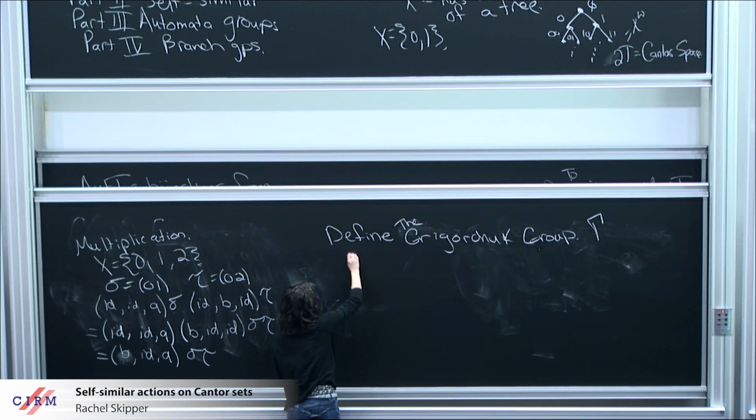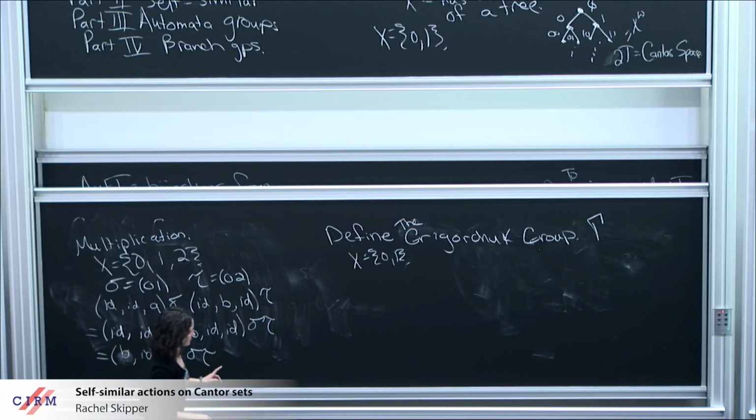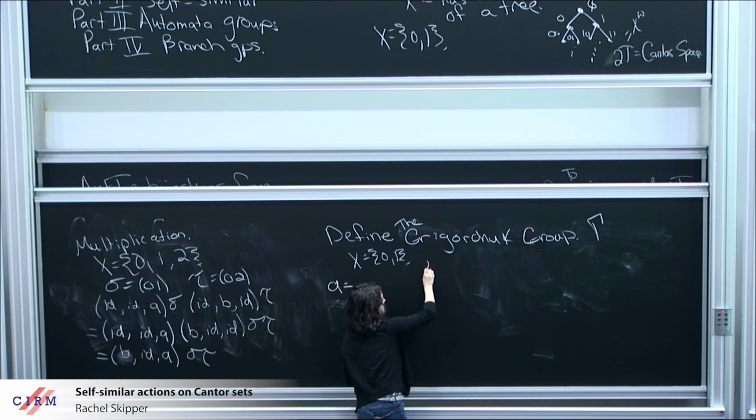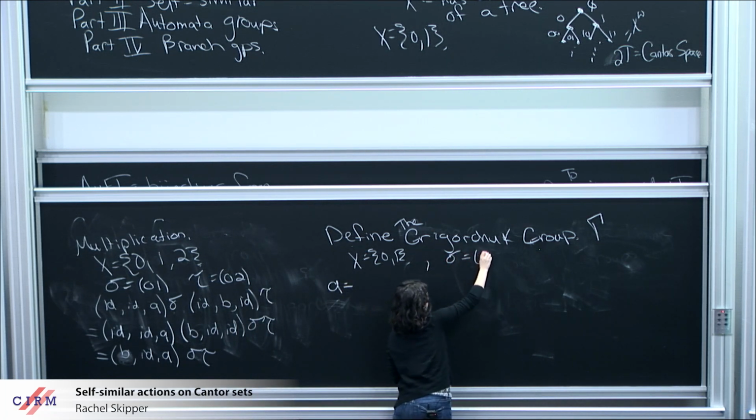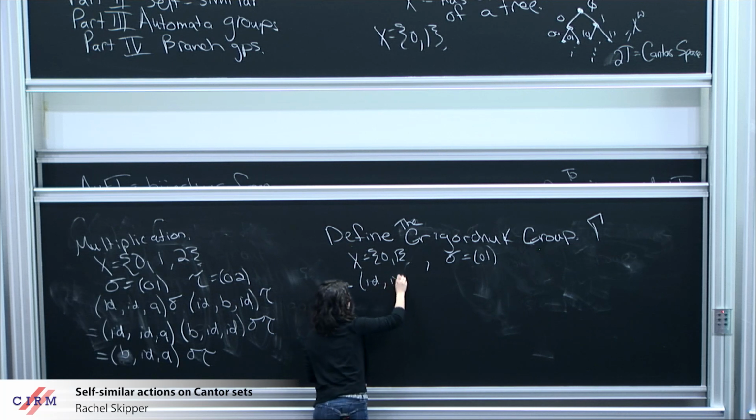It acts on the binary tree, so my alphabet here is 0 and 1. And it's got 4 generators that we're going to define recursively. First let me say I'll take sigma to be, again, the permutation (0 1). And then A is the identity, sigma.